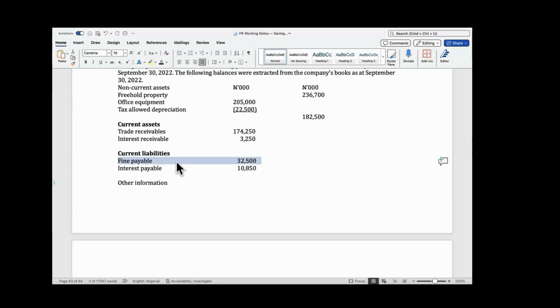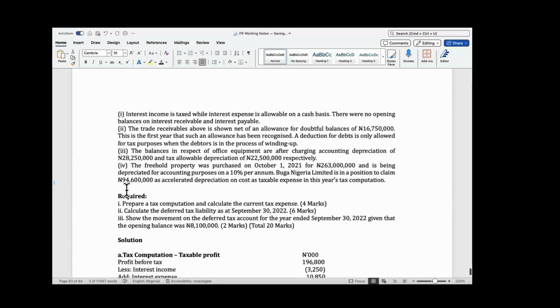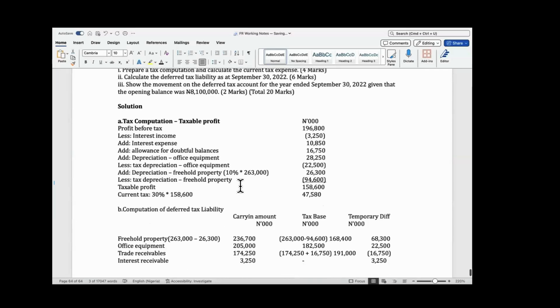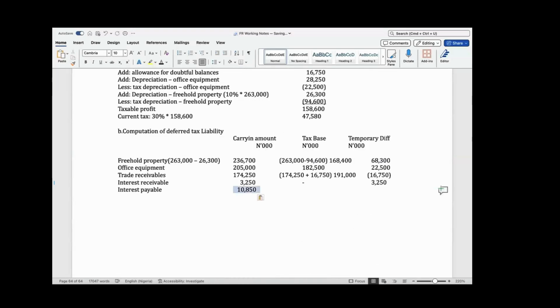So there won't be any temporary difference here. Then interest payable. The taxman will not allow it as a deduction, but they will allow it as a deduction in the future. So it will be a deductible temporary difference.